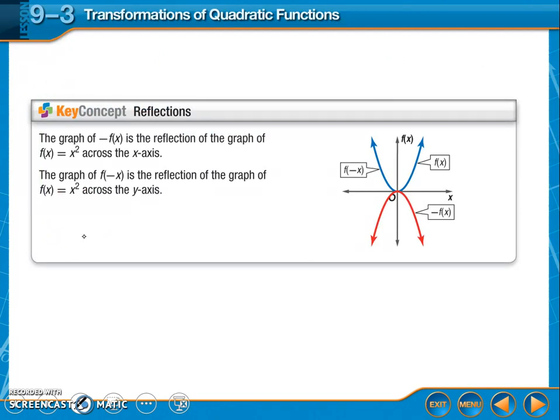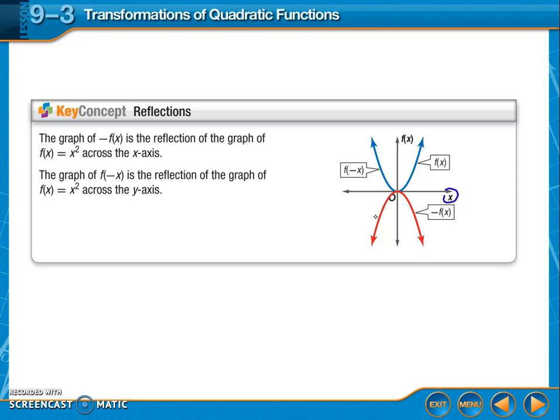Okay, and the last one is a reflection. So if you have a negative in front of f of x, so if you make the whole function negative, what that does to the graph is it flips it over the x-axis. So if it was up here, it now becomes down here.